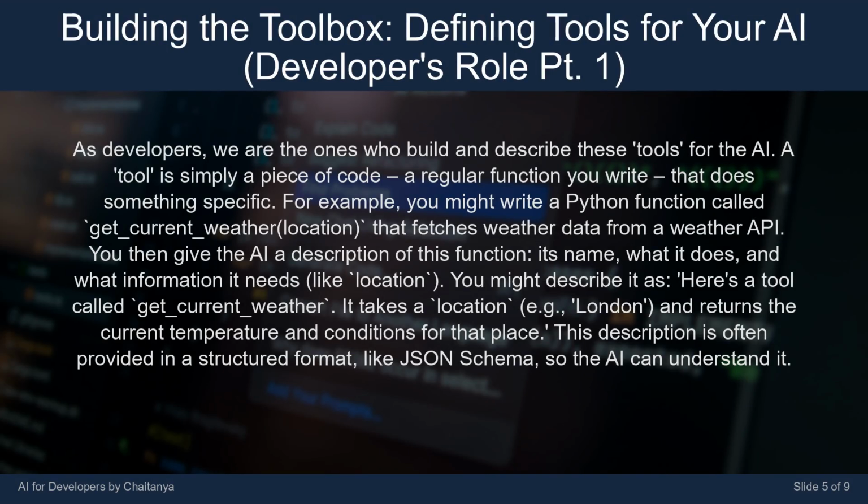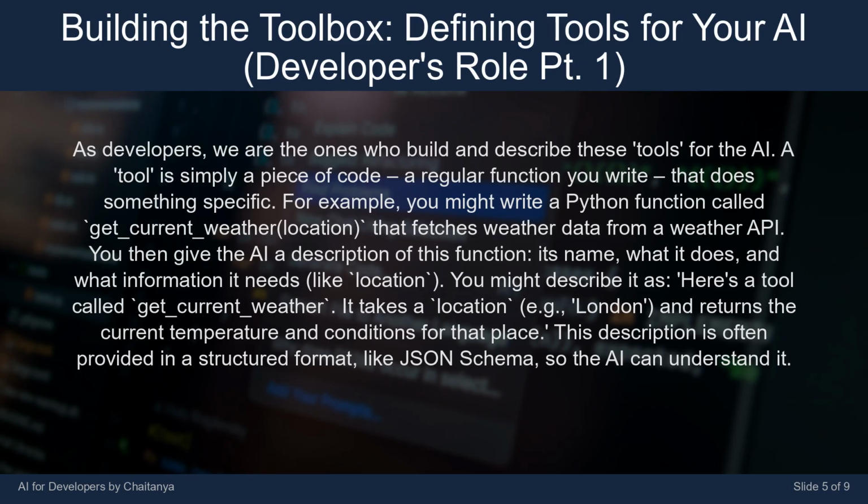As developers, we are the ones who build and describe these tools for the AI. A tool is simply a piece of code, a regular function you write that does something specific. For example, you might write a Python function called get_current_weather(location) that fetches weather data from a weather API. You then give the AI a description of this function: its name, what it does, and what information it needs, like location.